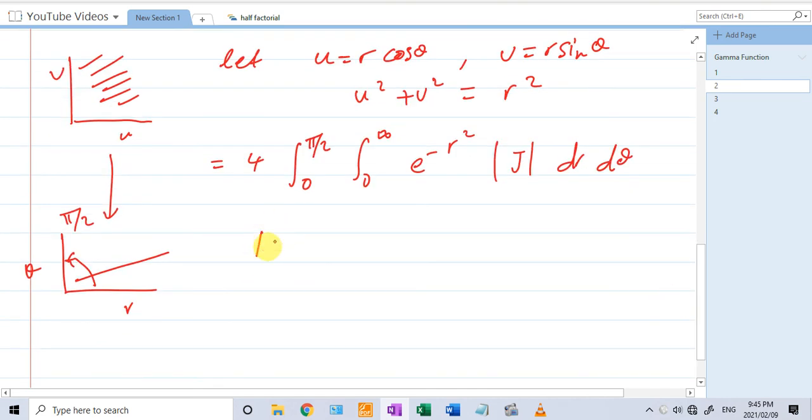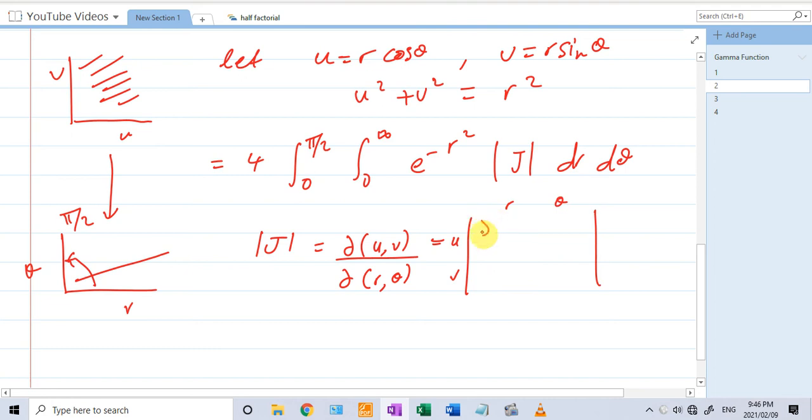So the Jacobian for this is equal to partial (u, v) over partial (r, theta). So what we have is uv here, r and theta there. So this is partial u partial r.